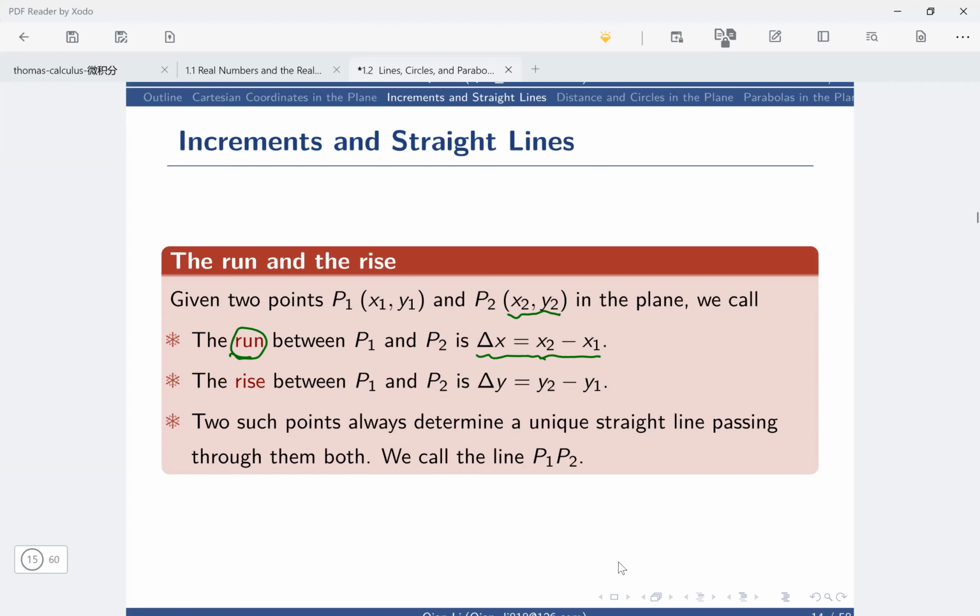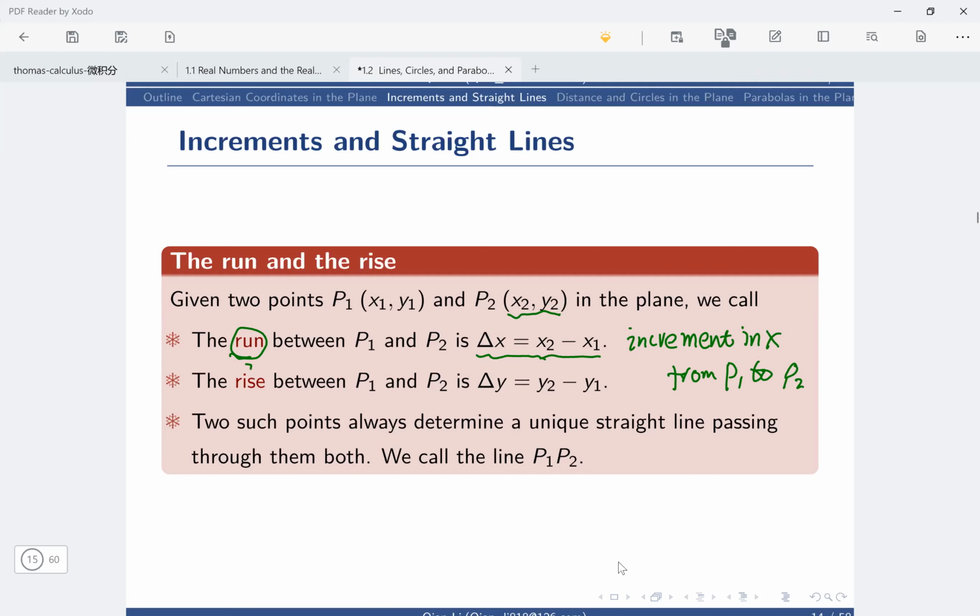It is also the increment in x from P sub 1 to P sub 2, right? The run between P sub 1 and P sub 2 is also equal to the increment in x from P sub 1 to P sub 2.